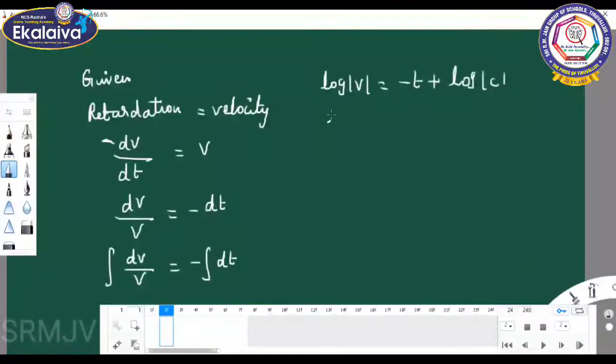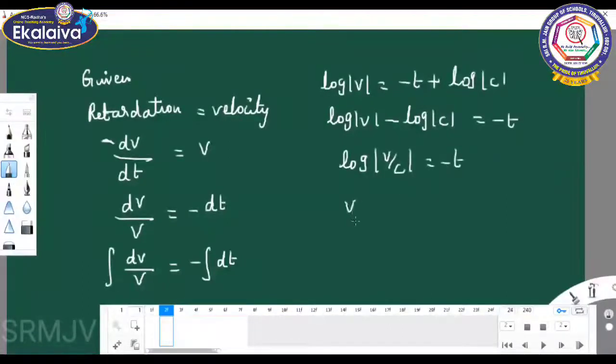So log of mod v minus log of mod c equals minus t. Log of modulus of v by c equals minus t. Raising the power e on both sides, v by c equals e power minus t. So v equals c e power minus t.